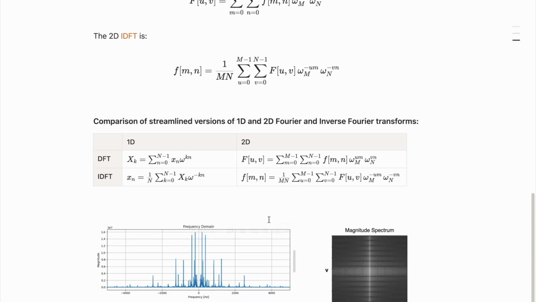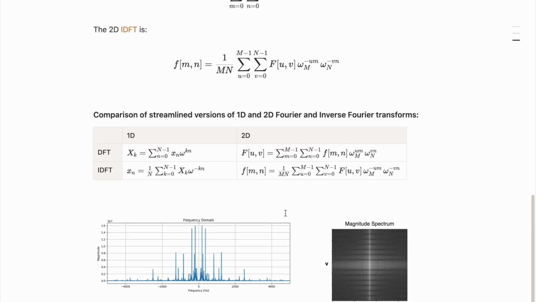Just a word about what we end up with. First of all, after applying a Fourier transform in one dimension, we come up with a spectrum that we usually call a frequency spectrum. When we apply it in two dimensions, for some reason we call it the magnitude spectrum, but they really are plotting the same thing.